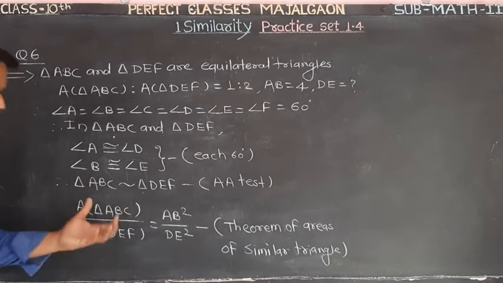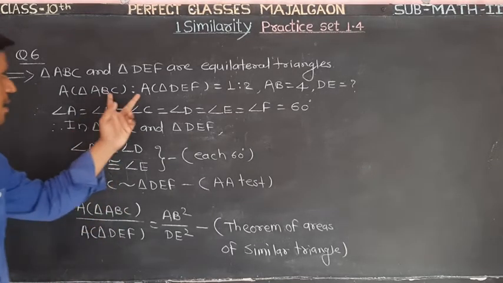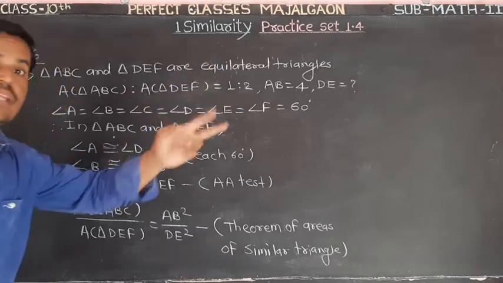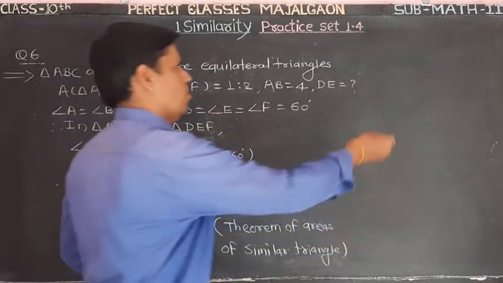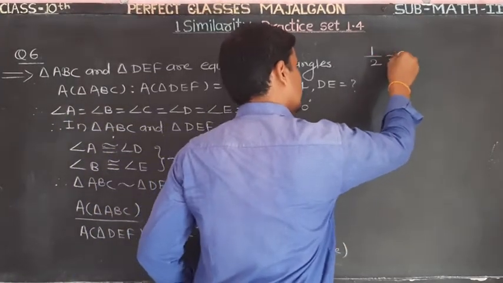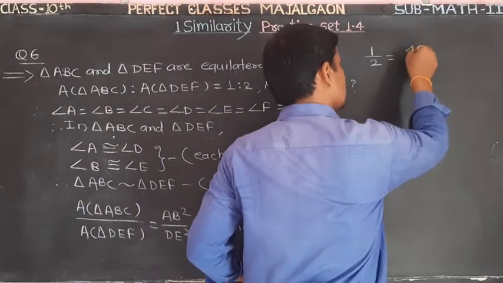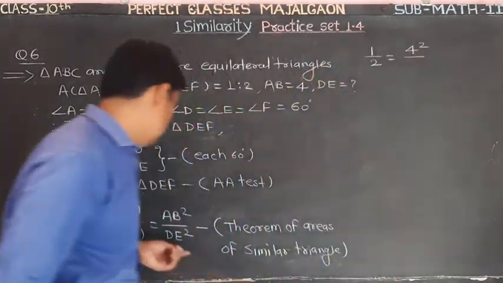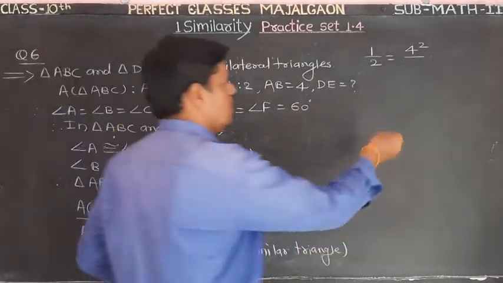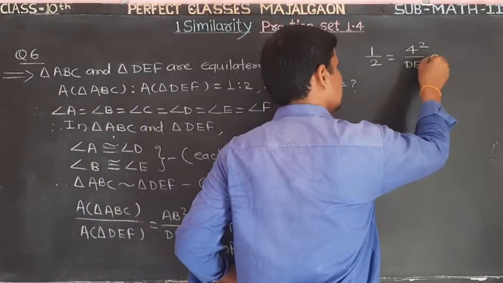Now we substitute the values. They are given the ratio 1:2. Therefore 1 upon 2 equals 4 square upon DE square. DE is not given, so write DE as it is.